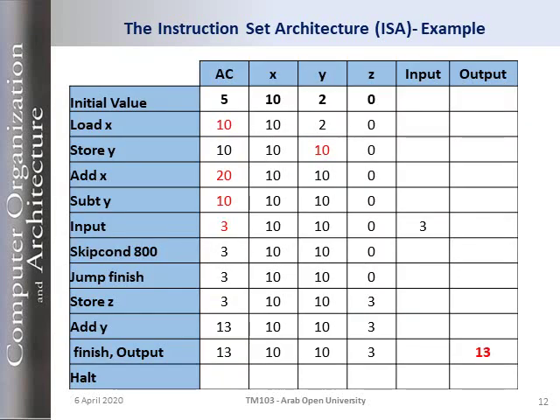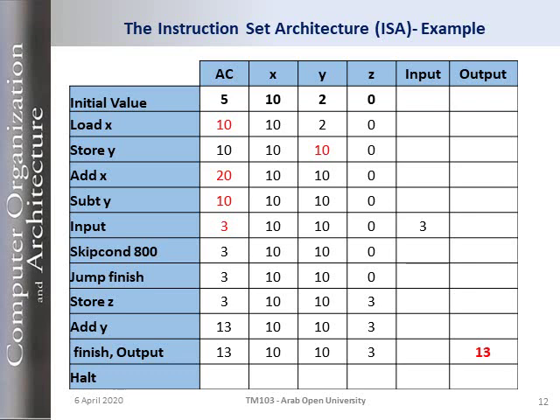This is an example where we'll try to understand what's happening inside the Maria simulator when we execute each of these instructions. The initial value in the accumulator register is 5.